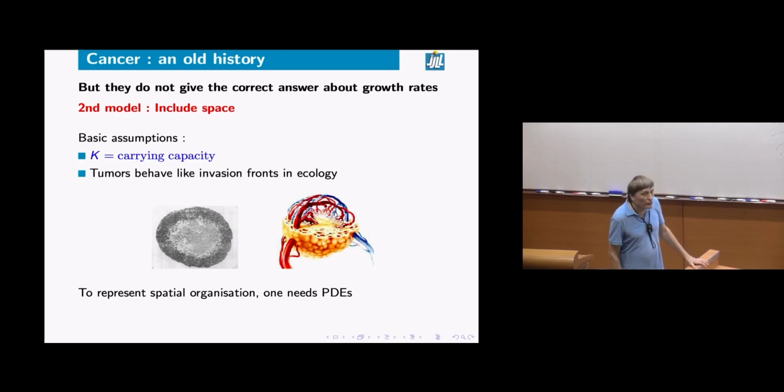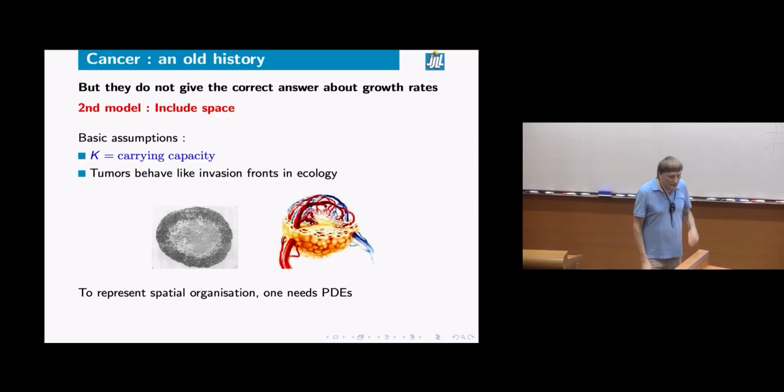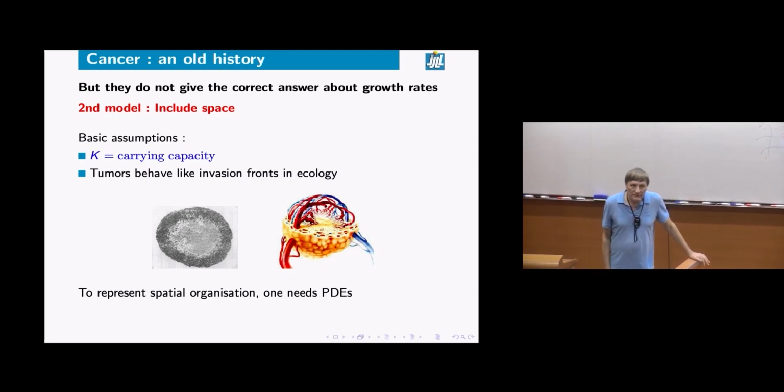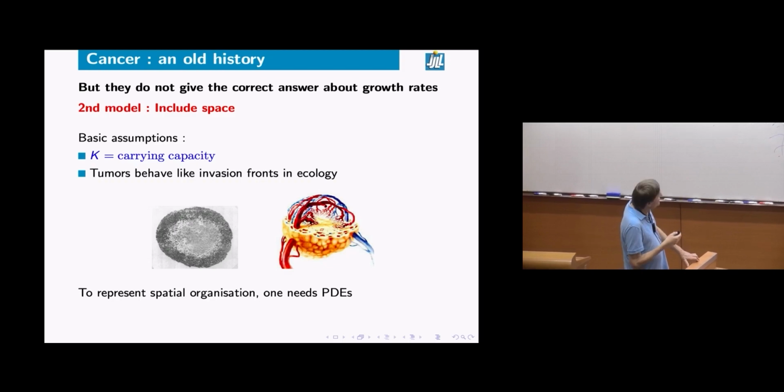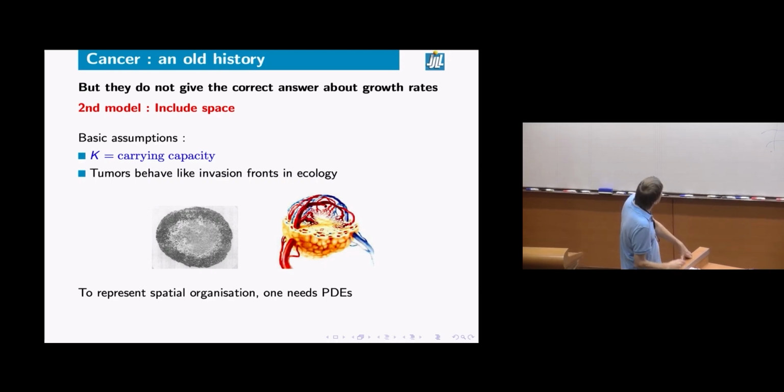And so, if you want really to explain the carrying capacity, you have to include space. You cannot do it simply with just taking averages and reducing the problem to ordinary differential equations. So when you speak of carrying capacity, the first thing you have in mind is that space is important, as you see, by the way, in this kind of cut of tumors.